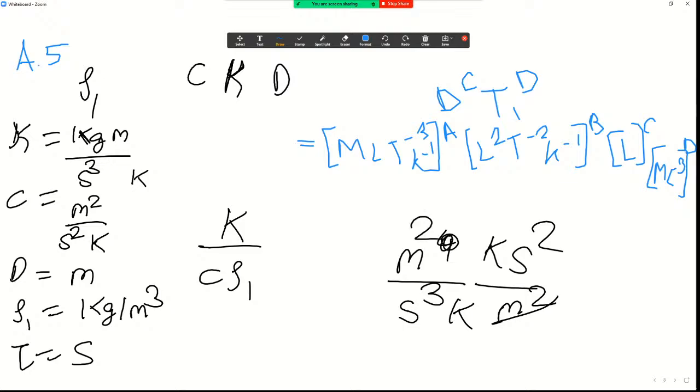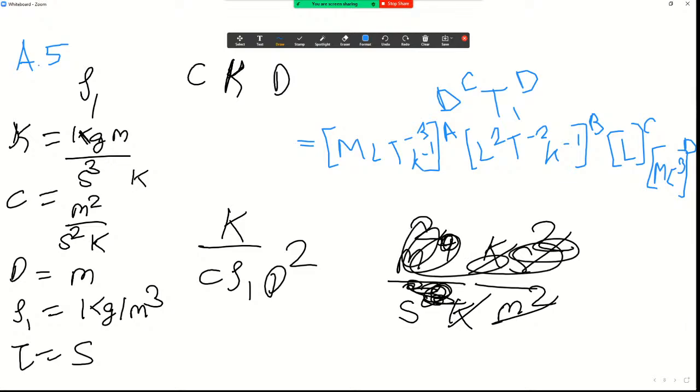So we can eliminate K and have s below. And to eliminate this, we have the dimension of d squared. So we can do the whole inverse to get s. So by dimensional analysis, if we take these parameters correct, then we should get tau as this.